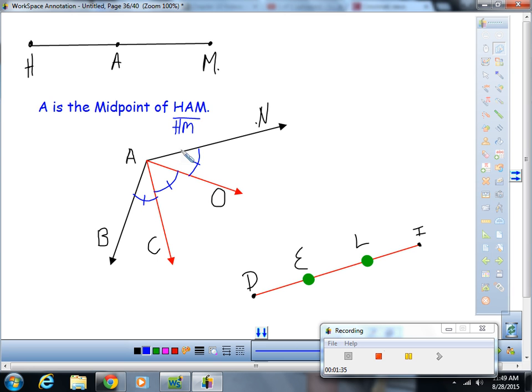So again, AC and AO trisect angle BAN. And then in the red segment, the green points E and L have, once I indicate with a tick mark, trisected segment DI.